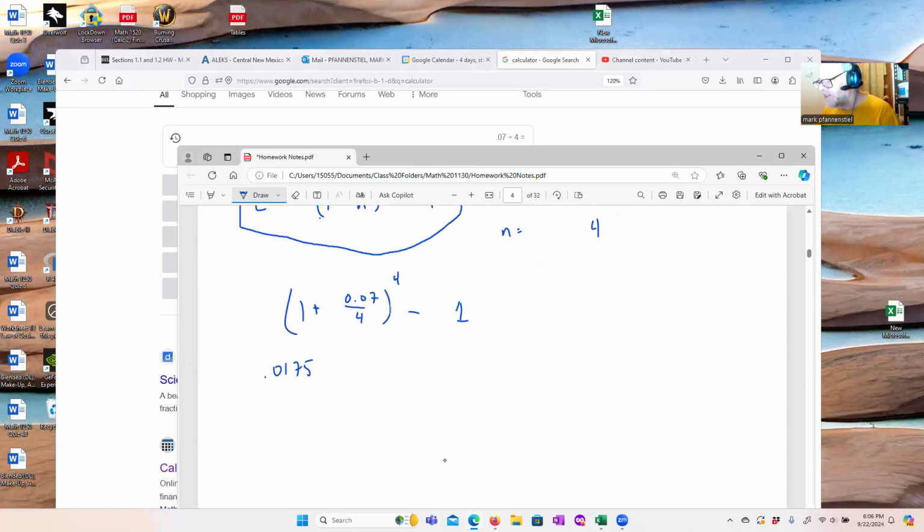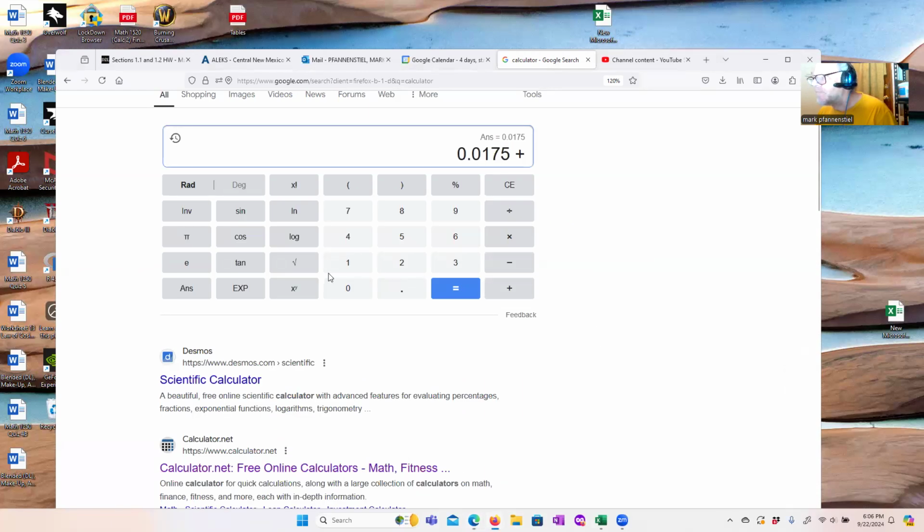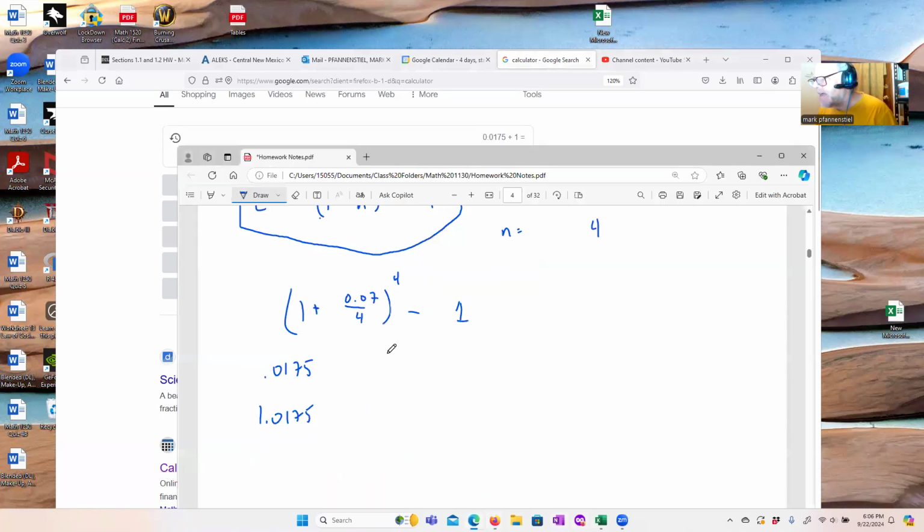So this is going to be 1.0175. Back to the calculator, we'll just add 1. Equals 1.0175. Fantastic. And then we're just going to raise this whole thing to the 4th power.